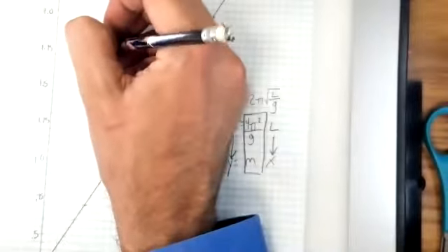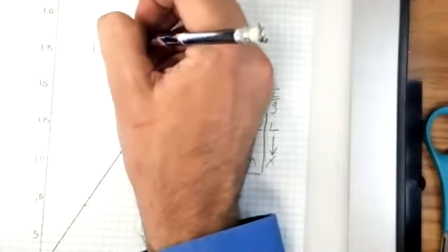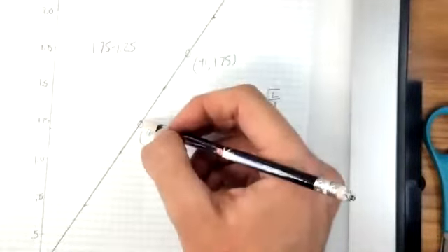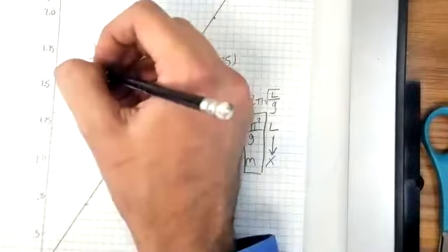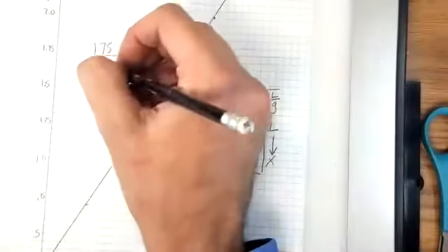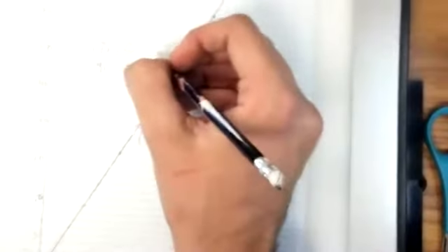The difference in the y values, 1.75 minus 1.25, that's the rise, right? I'm rising from 1.25 to 1.75, so the difference between those is the rise. The run is the difference in the x coordinates, 0.41 minus 0.29. So that gives me the slope.